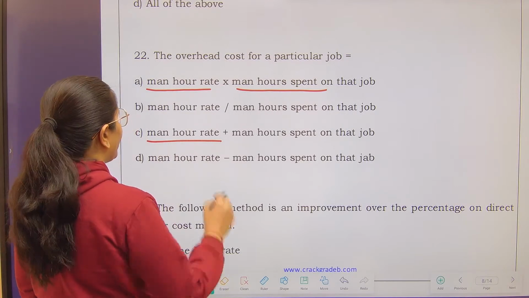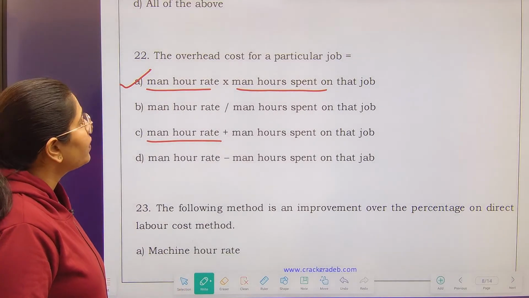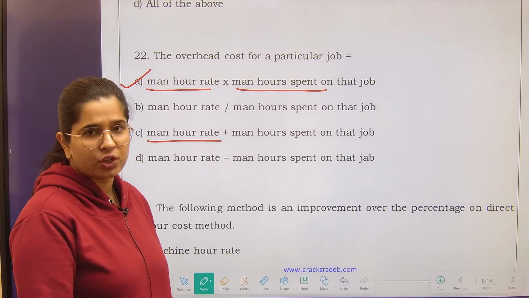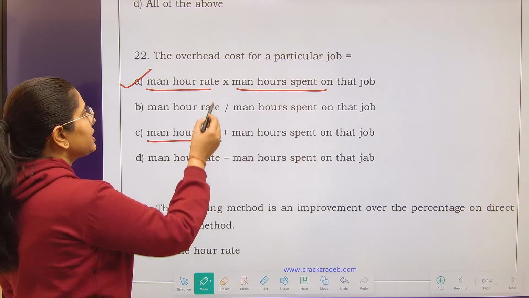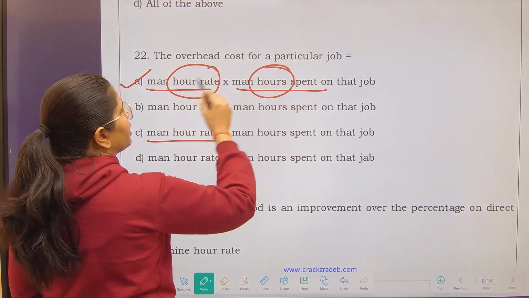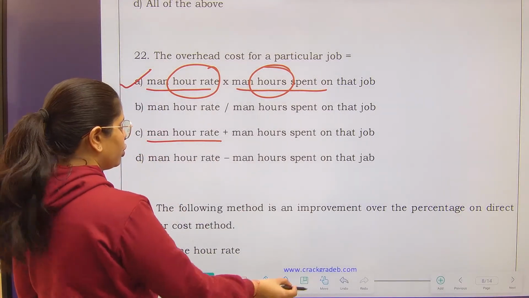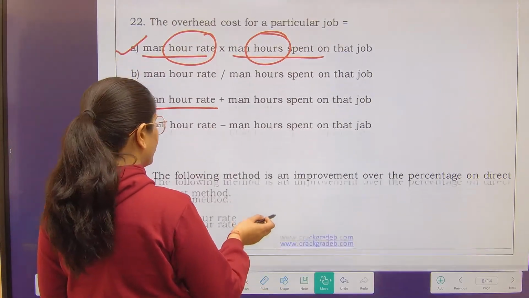This could be solved by a child as well. This is too much easy. That overhead cost for any particular job will be what is the rate, hourly rate, and what are the hours spent on that particular job. So this is how your overhead will be found out.